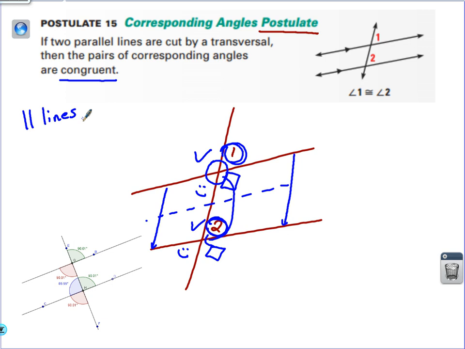Parallel lines implies corresponding angles congruent. Learn how to abbreviate, right? Parallel lines will imply. That's an if-then statement. We've talked about if-then statements. This whole class of geometry was based on if-then statements. If you have parallel lines, that implies that corresponding angles will be congruent.